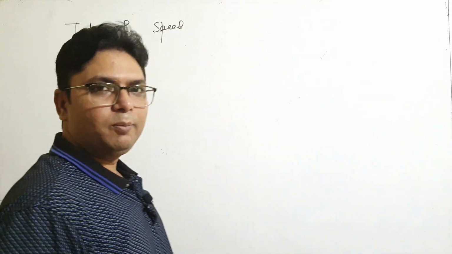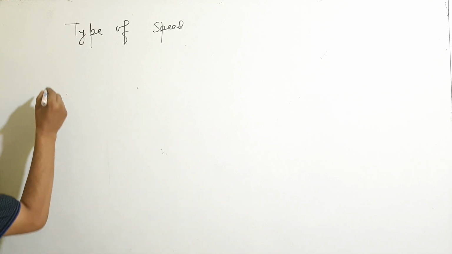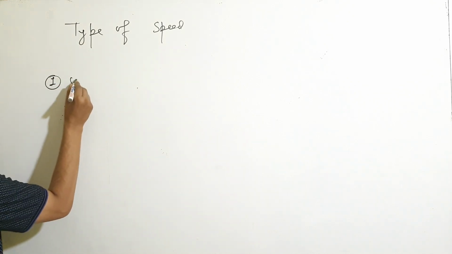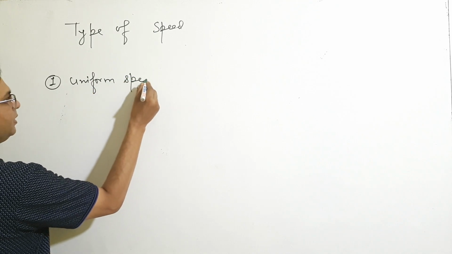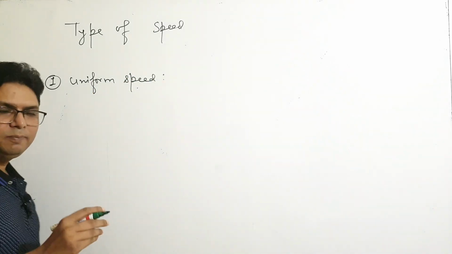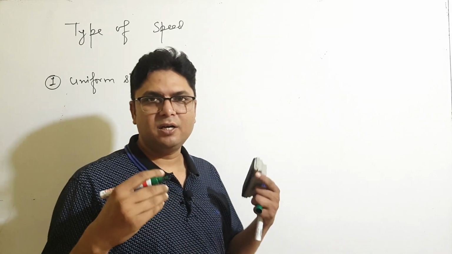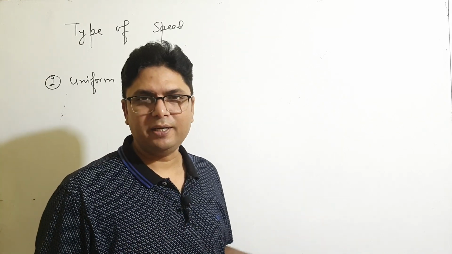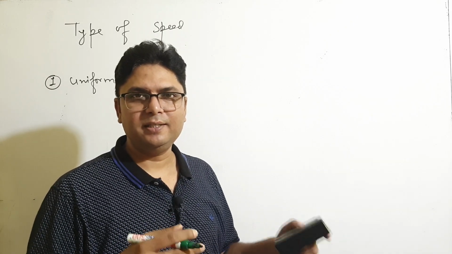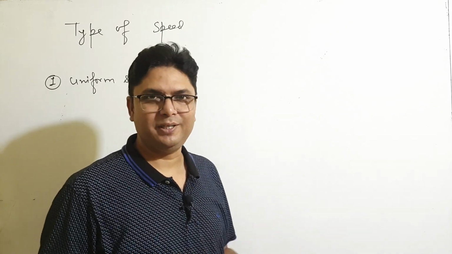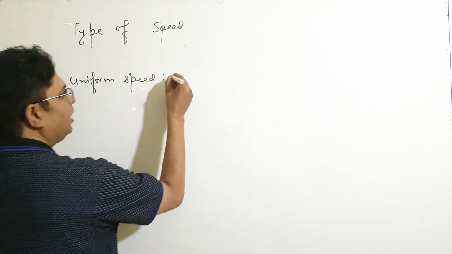There are four types of speed. Number first is said to be uniform speed. When the distance covered by a body is equal in equal intervals of time, then this is said to be uniform speed.